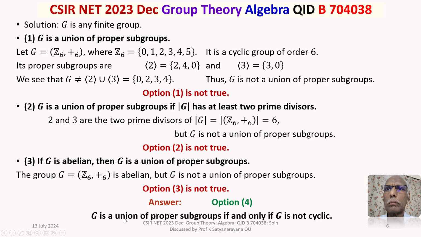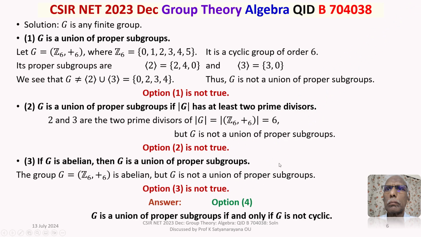That is, G is a union of proper subgroups if and only if G is not cyclic. That is option 4. That statement is true in the general situation, that is, when G is any finite group, this is true. So the answer to this question is option 4.